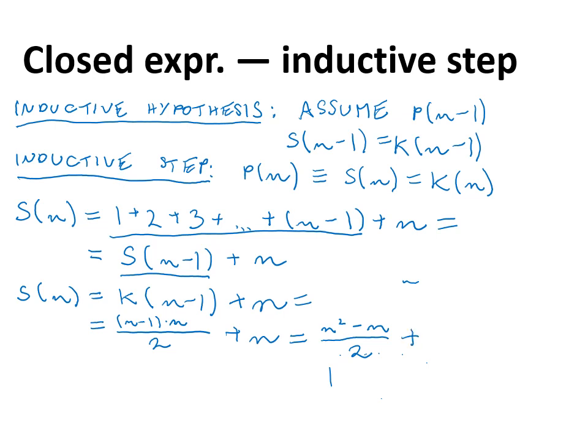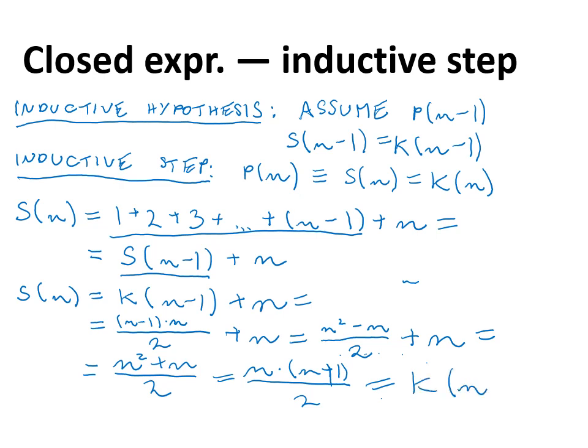plus n. So that is equal to, if we do a little bit of algebra, n squared plus n divided by 2, and that is equal to n times n plus 1 divided by 2, and that is equal to k of n.